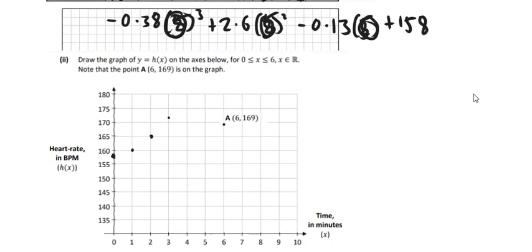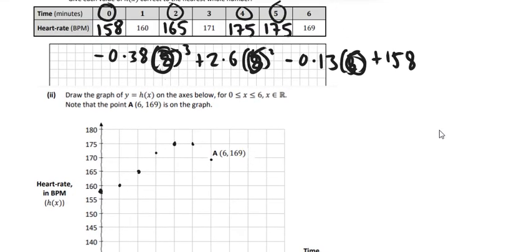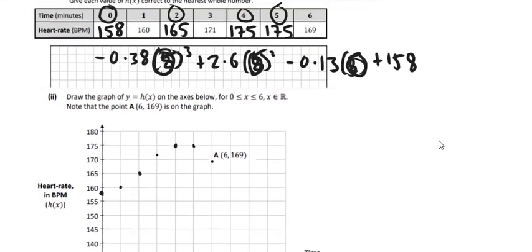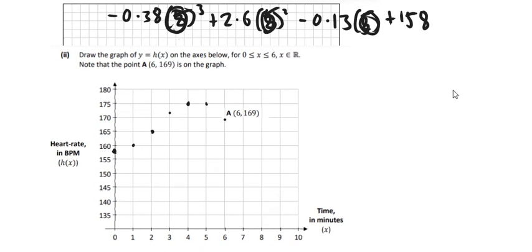4, 175 is there, and then 5, 175 is the next one, so that's going to be just beside it like that. And then the last one is 6, 169, which is already plotted for you. So you can just join them up.